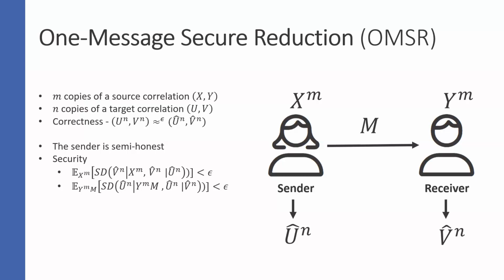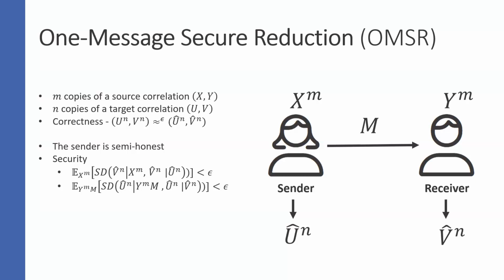I will set up a few notations. There are m copies of the source correlation XY. We want to generate n copies of the target correlation UV. The parties generate n copies of some output correlation U-hat V-hat, and we require correctness, so the n copies are statistically close to n copies of the target correlation.